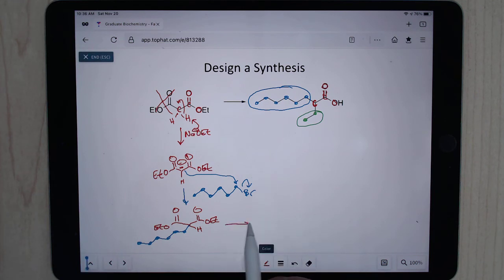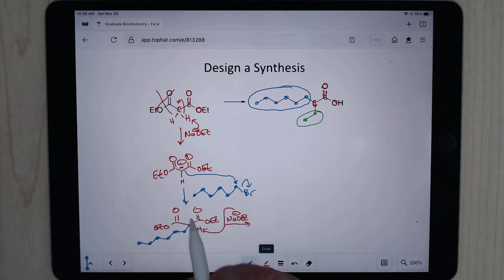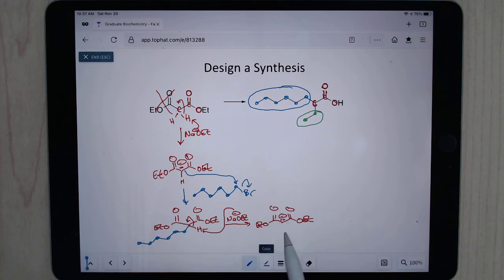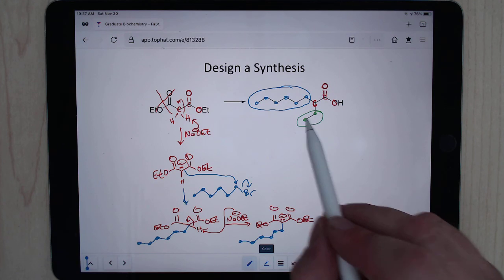So we're going to add, again, some sodium methoxide. That's going to attack there. Now we're going to add our 2 carbon piece here.